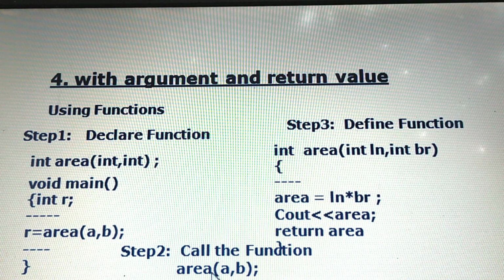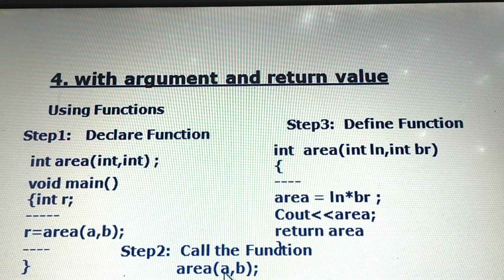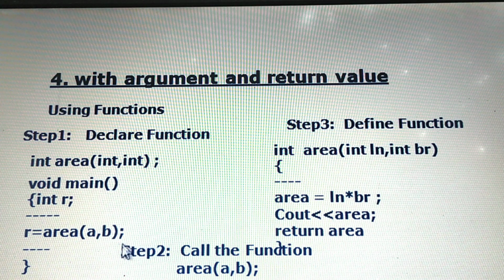Next, call the function like that. This is the format for calling the function area. Third, the definition section. The definition starts with the return type int, then the name of the function, area. Then a 2-parameter list, ln for length and br for breadth, to store the passed values. The function is called with 2 arguments, first for length, second for breadth.